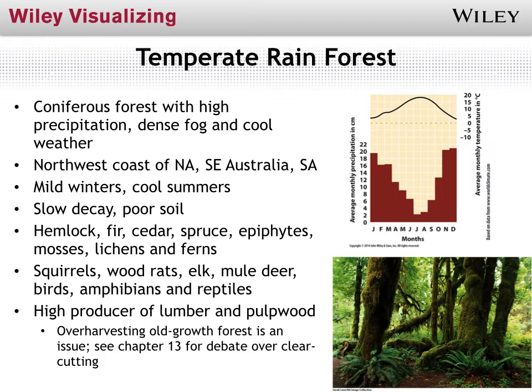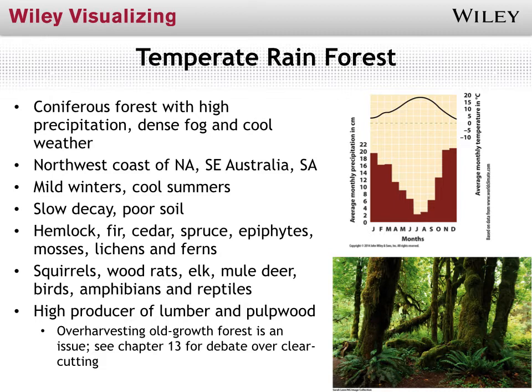Then we can move to areas where we still have a community dominated by conifer trees, different species than we'd find in the boreal forest. But these are areas that typically occur along the ocean, and in the United States, places like Washington, the Olympic Peninsula, but then also areas of Southeast Australia, areas in South America, South Africa.